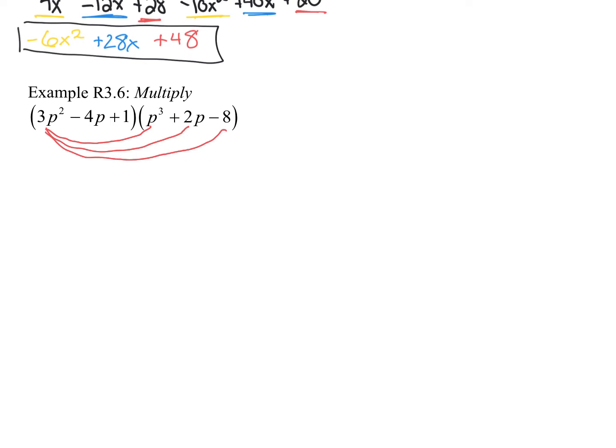So 3p squared times a p cubed makes a 3p to the 5th. 3p squared times the second line right here, times 2p makes a plus 6p cubed. And then 3p squared times -8 is a negative 24p squared.